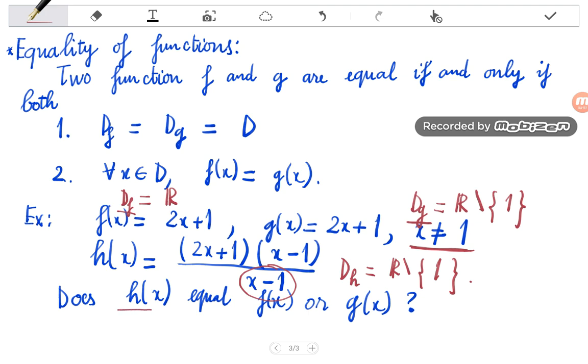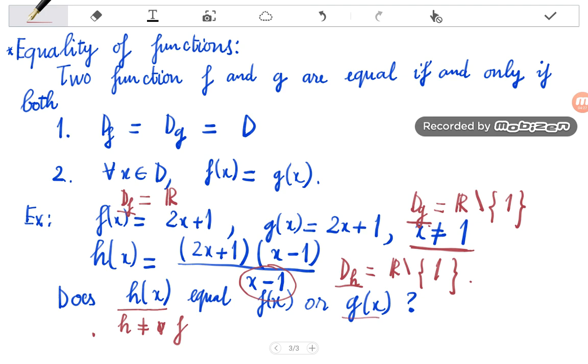We want to know if h equals f or g. And you see the domain of h is equal to the domain of g but not equal to the domain of f. So of course we have h not equal to f.